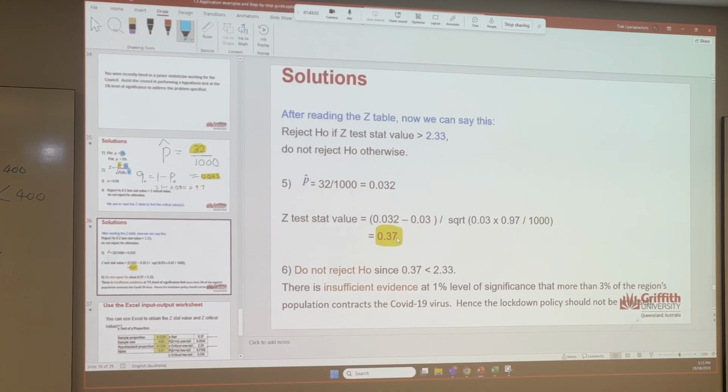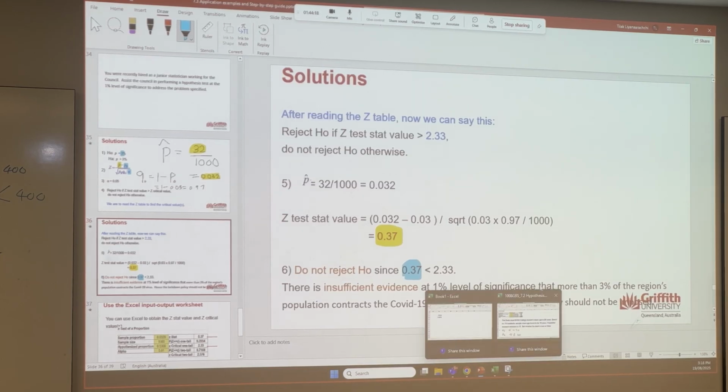Your Z value is 0.37. So according to the decision rule, this is smaller than your critical value, which is 2.33. You don't reject the null. Okay.